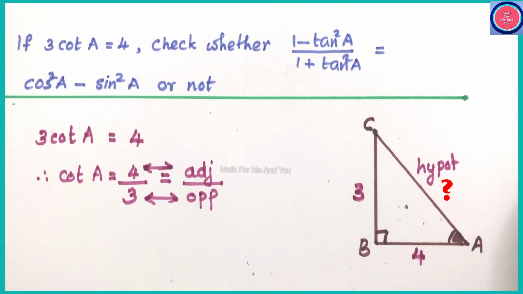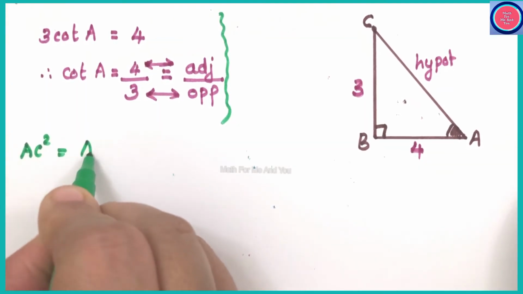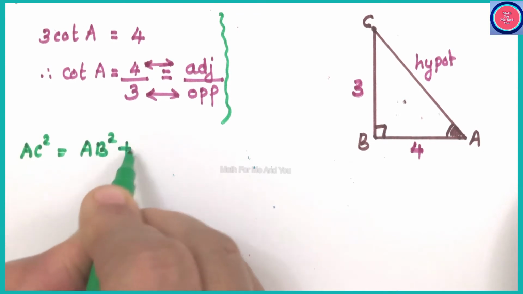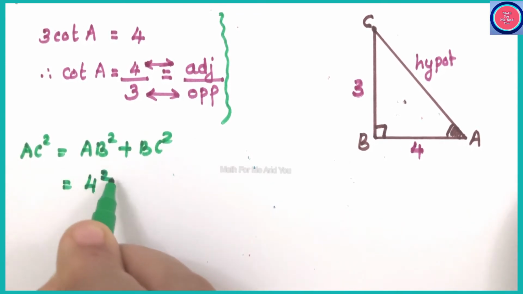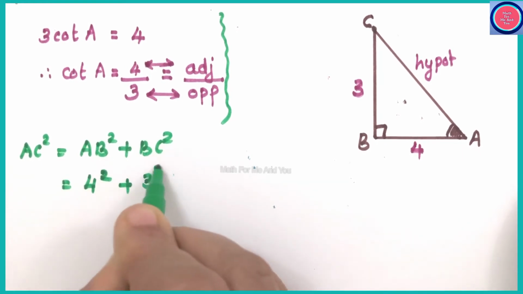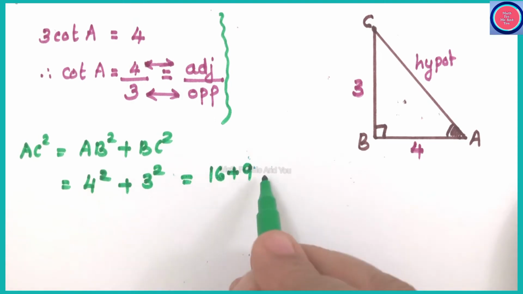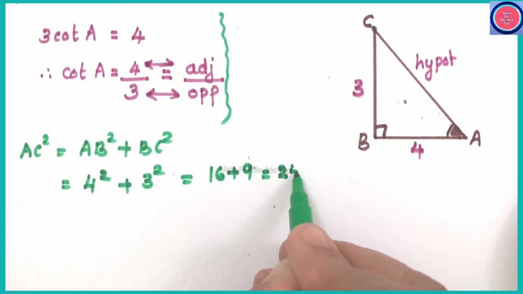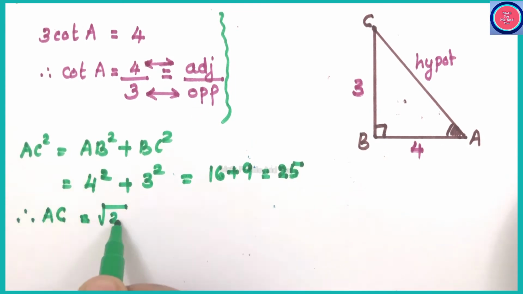In a right triangle, if any side is missing, we could calculate using the theorem of Pythagoras. So here we are going to write down hypotenuse square AC square is equal to AB square plus BC square. Substitute 4 square plus 3 square, that is 16 plus 9 equals 25. AC square equals 25. What about AC? AC is equal to root of 25 and that is 5.